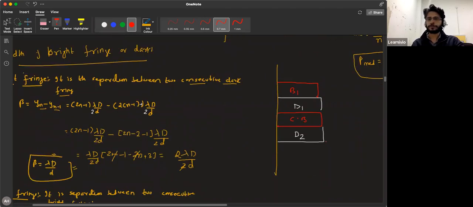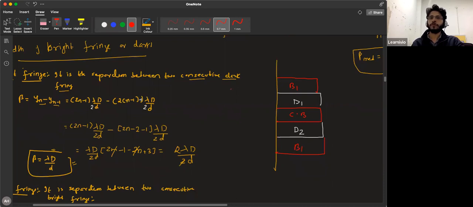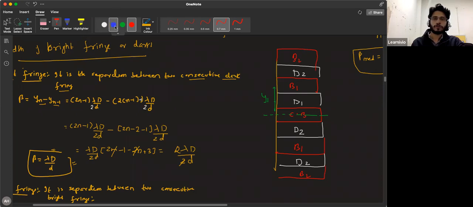This is first bright. We measure all separations from the central bright fringe. So this is the separation of the first bright fringe. Then we have a second dark here and here. After second dark, you have second bright. That's B2 and this is B2. Now see this. This is Y1 and this is Y2. Up to here, it's Y2.